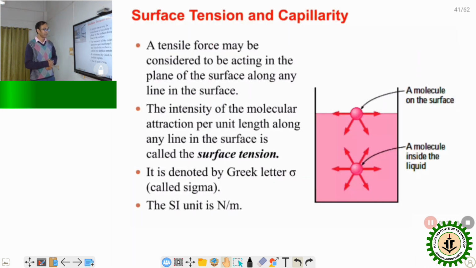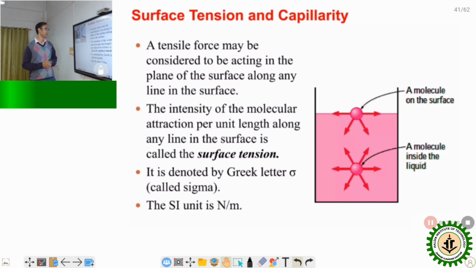Another very important property of fluids is surface tension and capillarity. This is very important for the practical applicability of fluid mechanics and hydraulics. A tensile force may be considered to be acting in the plane of the surface along any line in the surface.